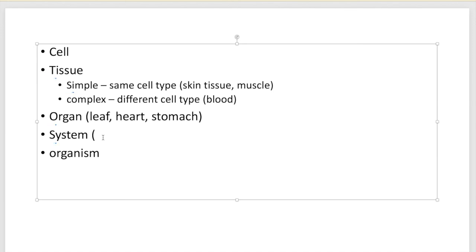Next will be different organs coming together to form the different kind of system. Respiratory, so you have like lungs, trachea, nose, digestive system, mouth, stomach, intestine, things like that coming together. And all of these come together to form you, yourself, or the whole plant, or an animal. And yes, that is about it for this chapter.